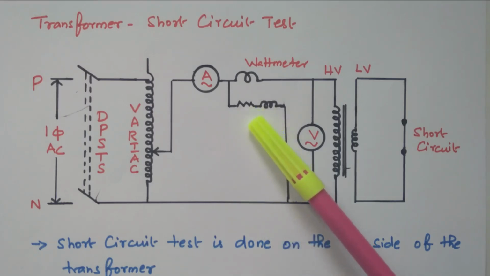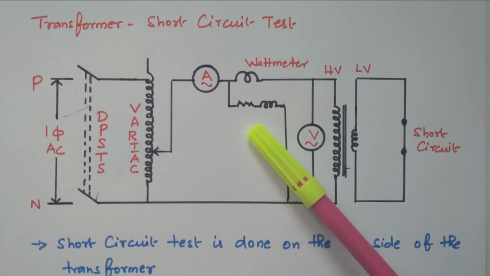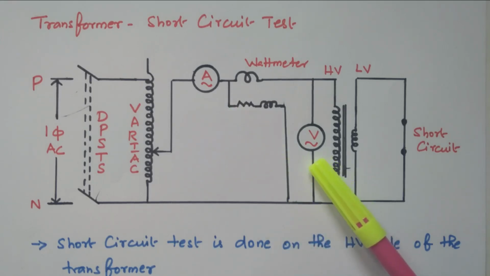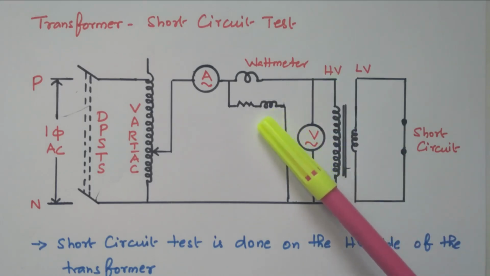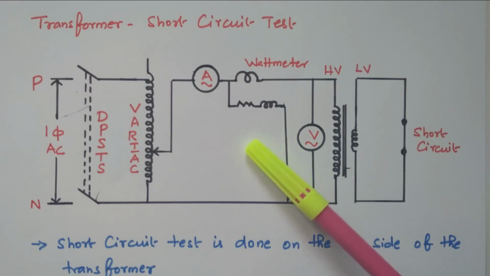So the power measured by this wattmeter is nothing but the copper loss. This ammeter measures the rated current of the transformer, and the voltmeter measures the voltage across the high voltage winding. The wattmeter measures the input power, that refers only to the copper loss, because the current is large, so the copper loss is also large. The voltage is small, so we can neglect the iron loss.